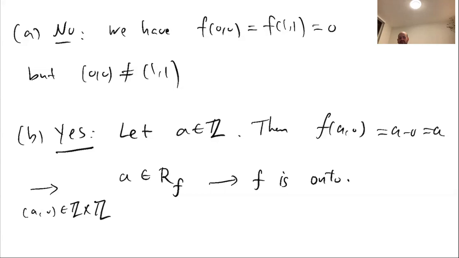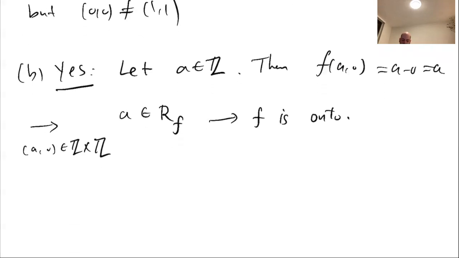Now, did I have other choices other than A and 0? Well, yes. For example, if I say A plus 1 comma 1, f of this is A plus 1 minus 1, which is also A. So I could consider A plus 1 comma 1 inside my domain as well.